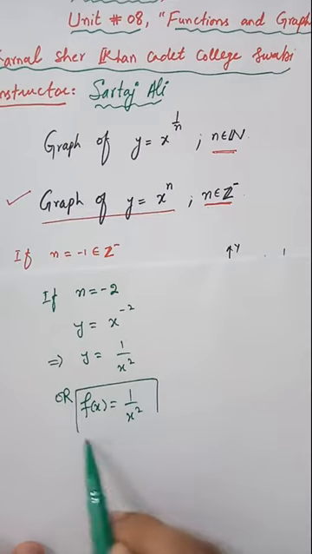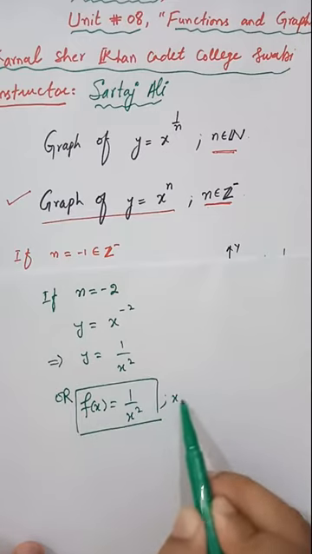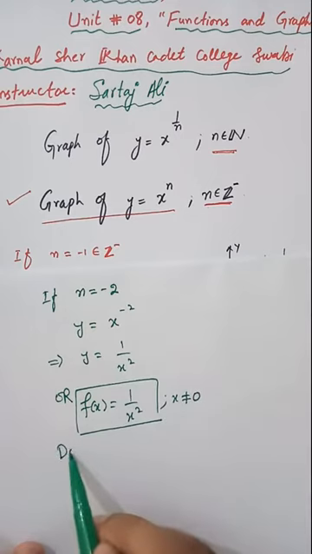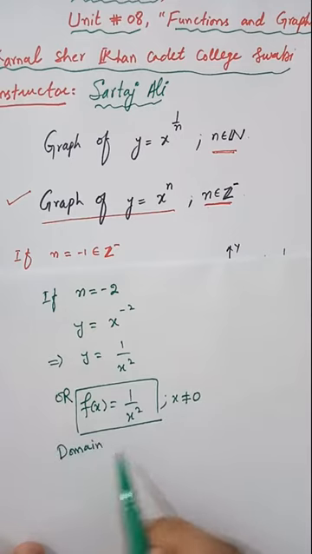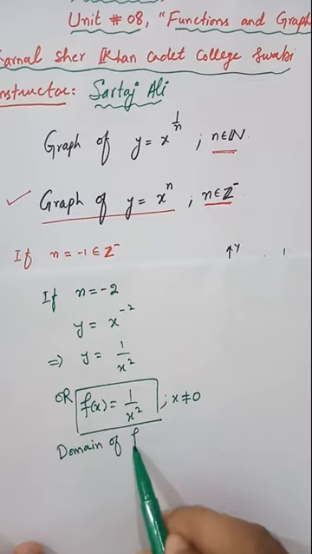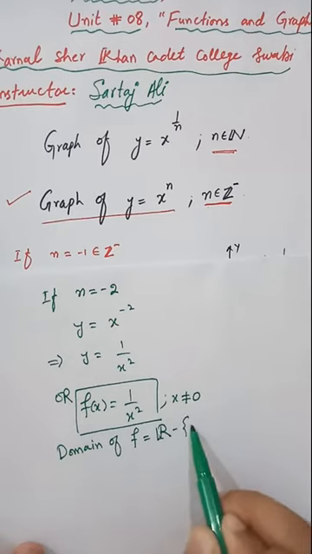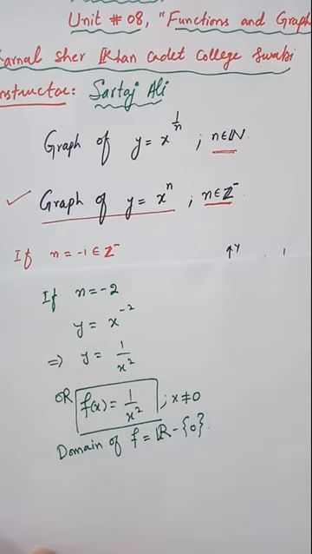So this is the given function. The domain of this function is also the set of real numbers except 0, because this function is also not defined at 0, so you must exclude 0 from the domain.